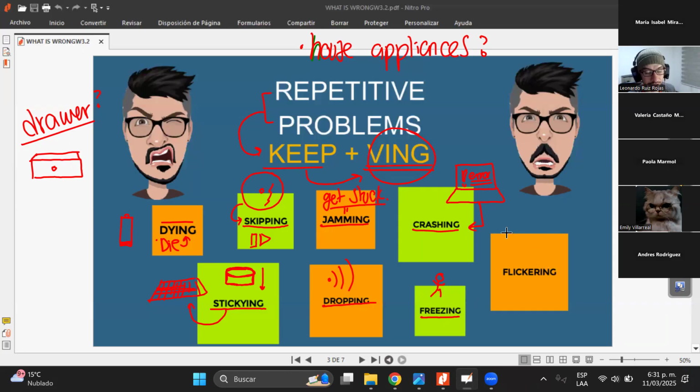And finally, flickering, when a screen, might be the TV or the computer or any kind of screen, let's say the TV, keeps falling apart. For example, in this part, you can see the image normally, but here you just see lines.